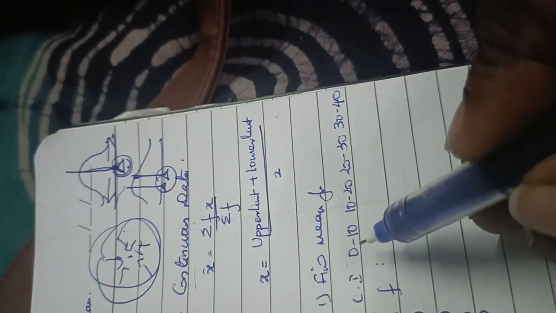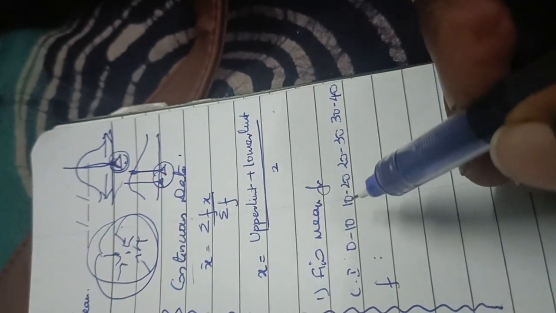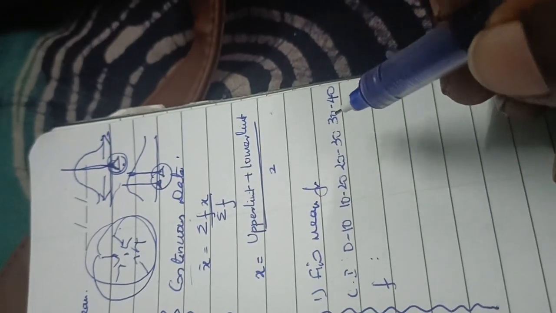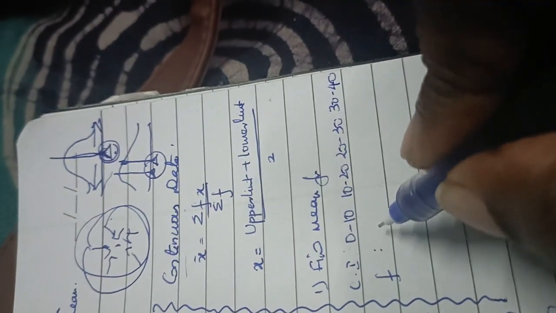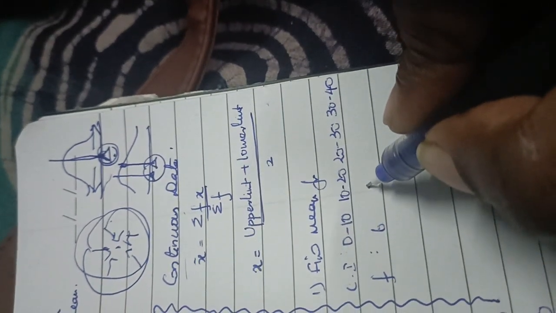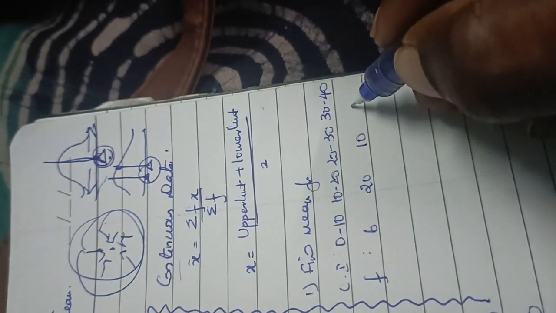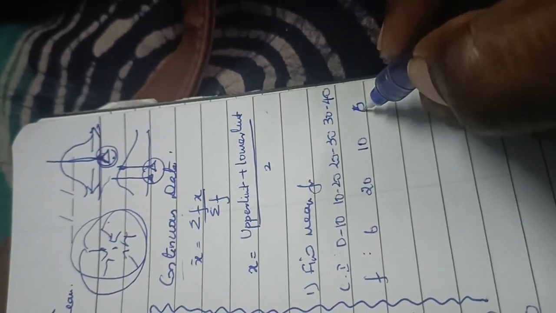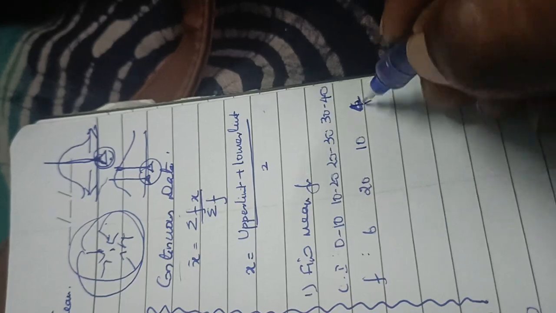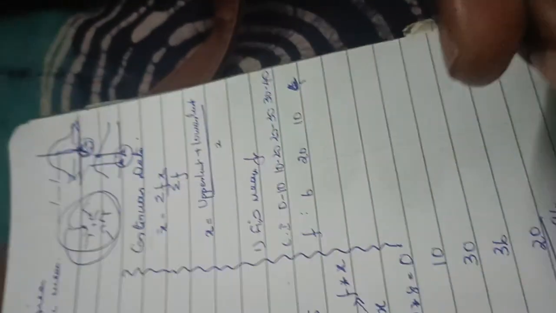Here you have class intervals, that means from 0 to 10, the values are here. Again we are going to write the frequencies 6, 20, 10 and 3. Let's make it a whole number, 4. Okay, so now we have the problem.